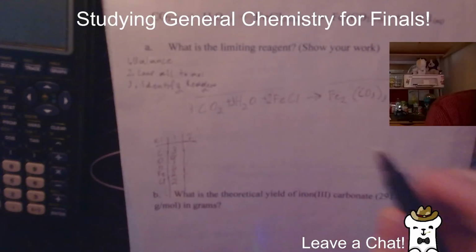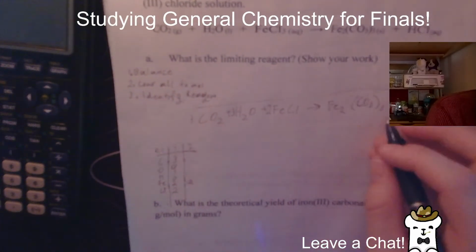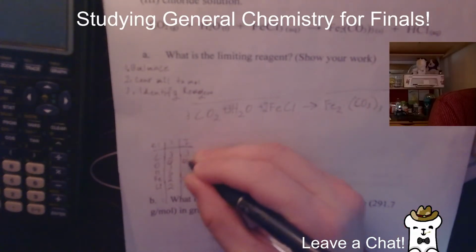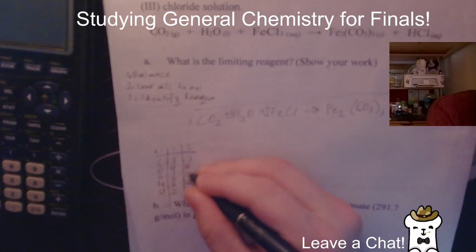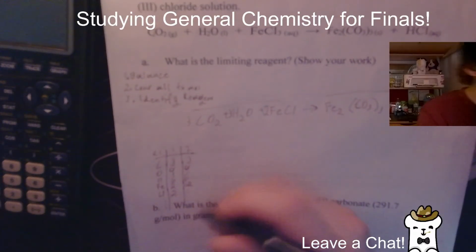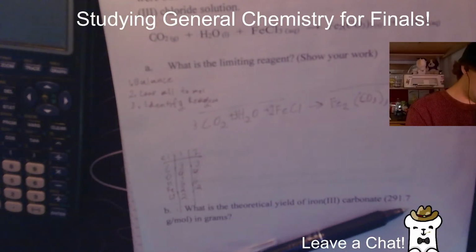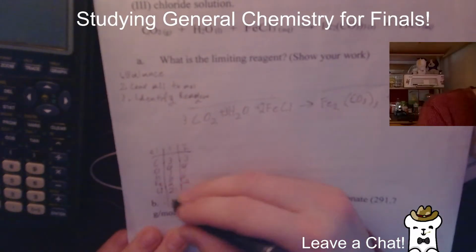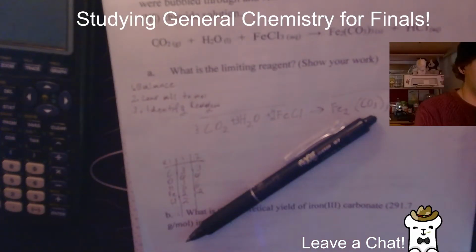Then on this side, we have 2 Fe's, and then we have 3 carbons, 9 oxygens, so all that's right, and then 6 HCl, so we're going to have 6 H, and then 6 HCl. Oh yeah, we have 6 hydrogen. Something's off with this equation.